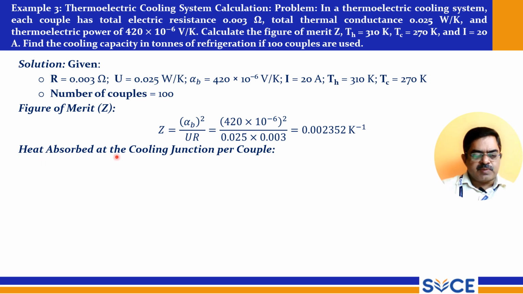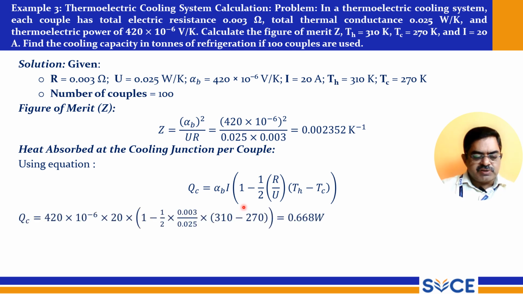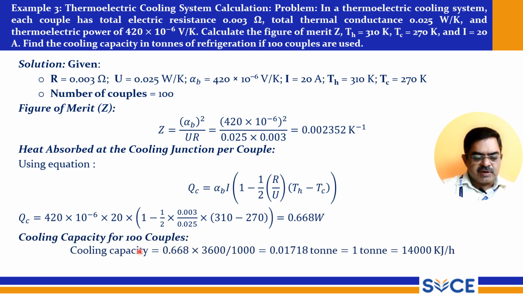And heat absorbed at the cooling junction per couple, using the QC equation, we are getting QC equal to 0.668 watts. And cooling capacity for 100 couples, 0.668 into 3600 divided by 1000, that is in terms of tons, where 1 ton equal to 14,000.